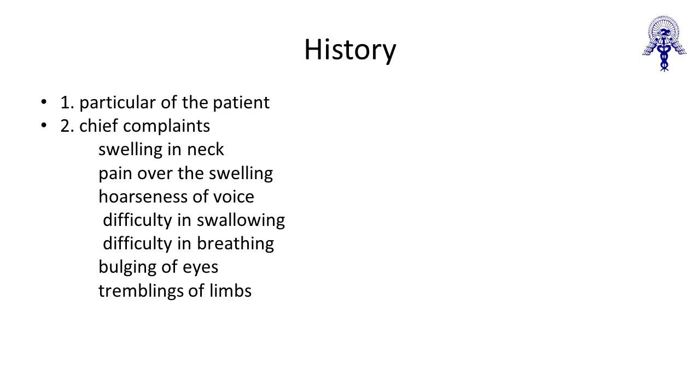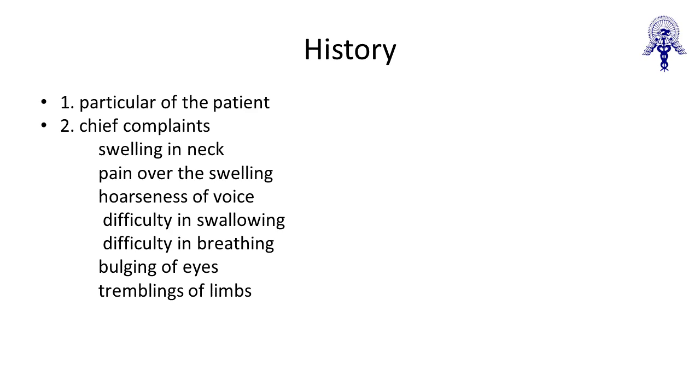So during history taking, the chief complaint is swelling as usual. Pain over the swelling is very important, as sometimes the patient may have thyroiditis. Hoarseness of voice means the recurrent laryngeal nerve is involved. Difficulty in swallowing, sometimes a very large goiter reaching the esophagus.